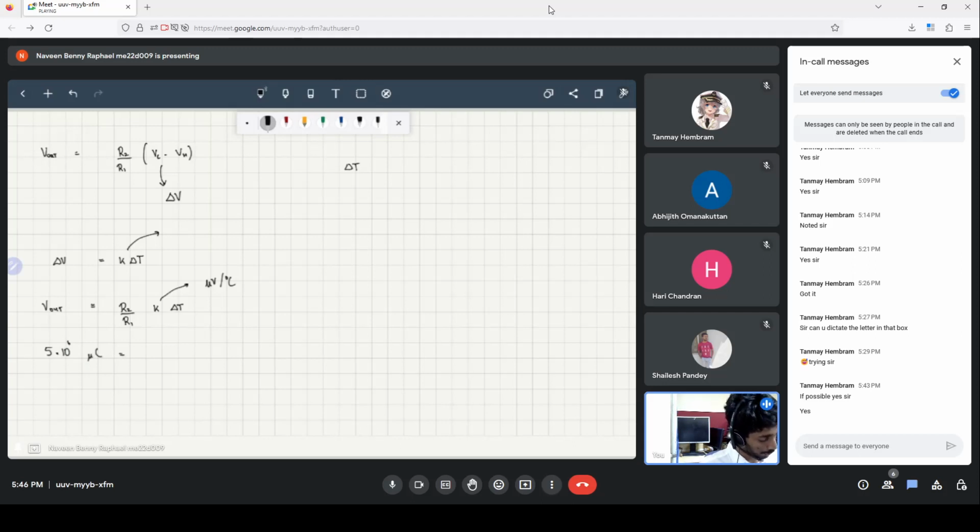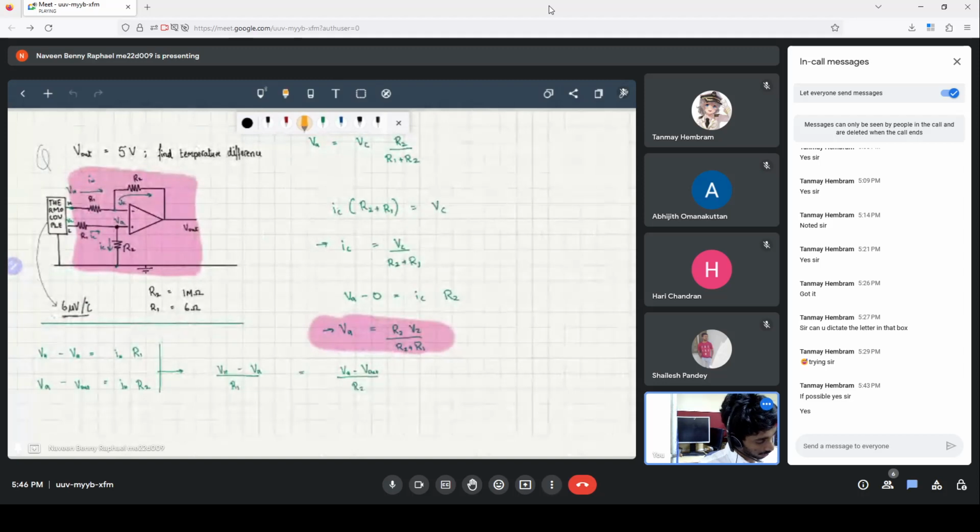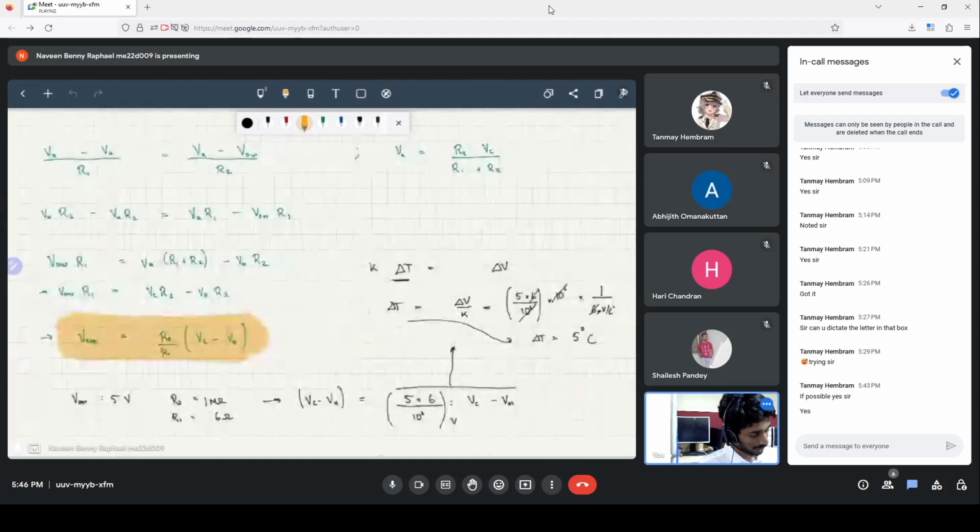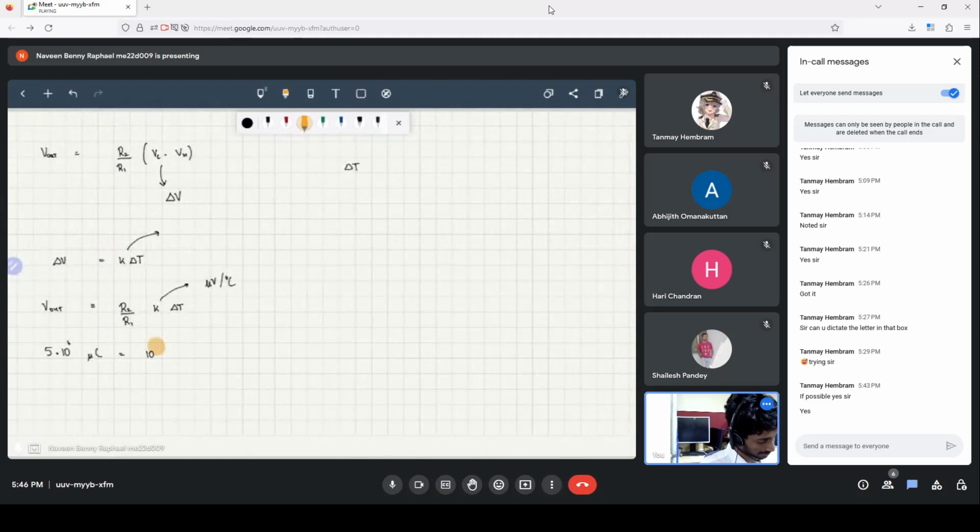We have R2 as 10 power 6. R2 is given as 1 mega ohm. 1 mega ohm is 10 power 6 ohms. R1 is given as 6 ohm. K is given as 6 again, and delta T is what you must find.